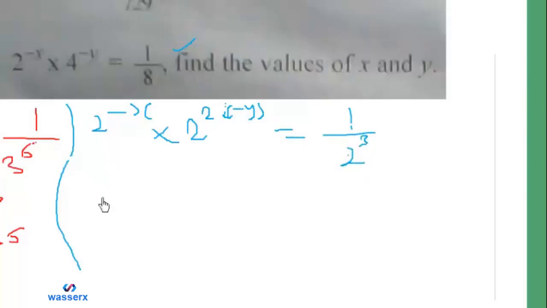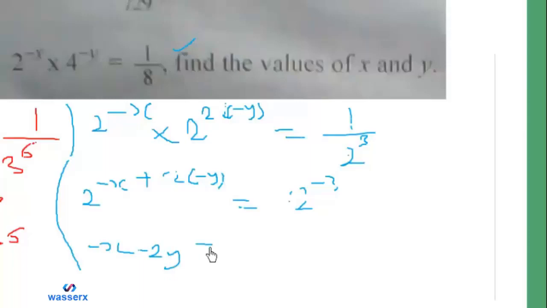So this will give us 2 to the power negative x plus 2 times negative y is equal to 2 to the power negative 3. So now we equate the exponents, so we get negative x minus 2y is equal to negative 3.